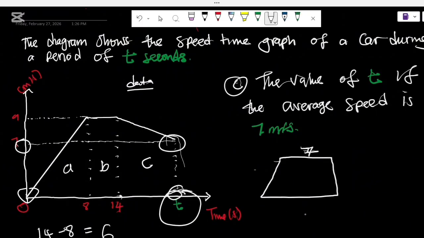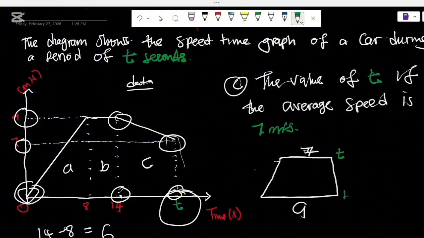And then here we have 9, because this distance corresponds with this distance. So we have 9. Now here we are going to have t, and here we have the 14th second. So this is actually t minus 14. So this is what we have here.